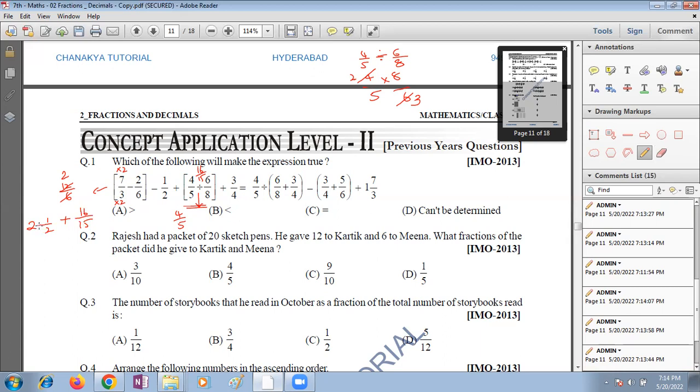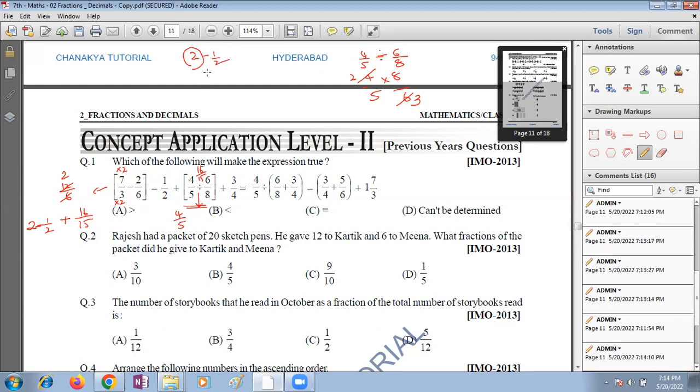This is minus, children. 2 minus 1 by 2. Ma'am, it will be 1.5. What is the value of 2 minus half? You have 1.5. Very good, 1.5. Someone said it logically, very good.